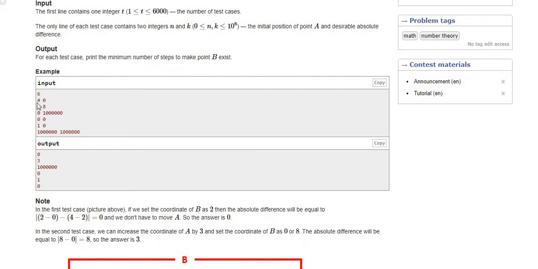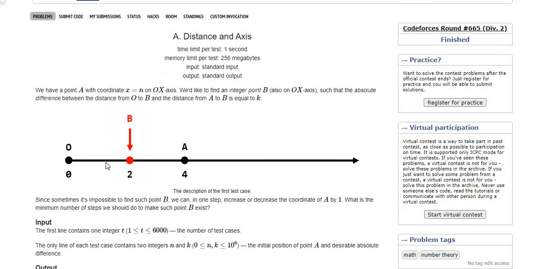For example, if A is 4 and K is 0, and if we take a look at this diagram, if we place the value for B at the 2nd position, then B minus O, that is 2 minus 0, is 2, and A minus B, which is 4 minus 2, is 2.